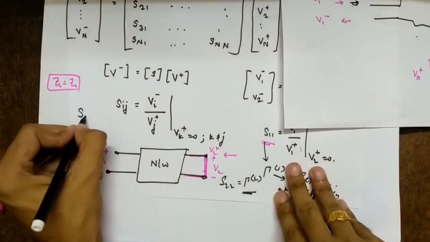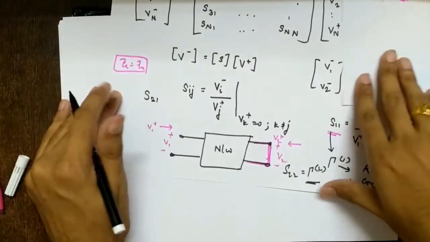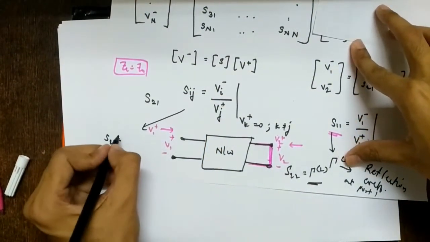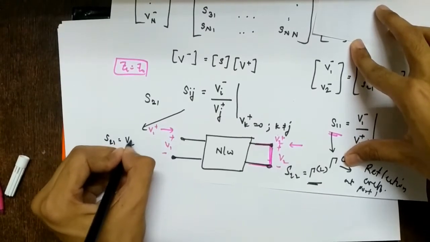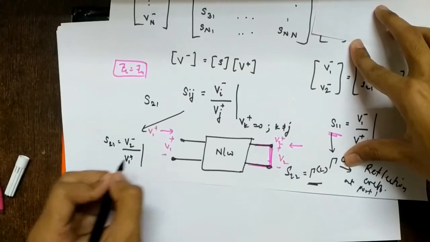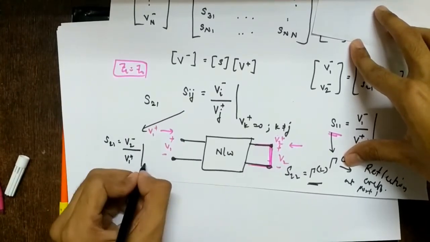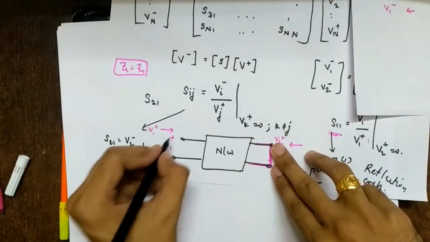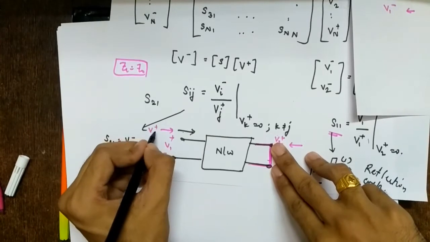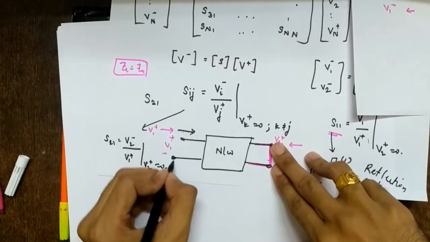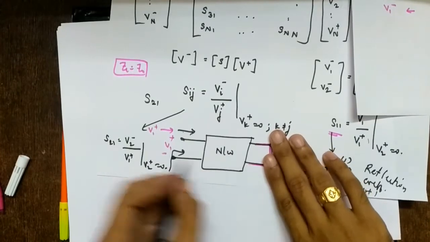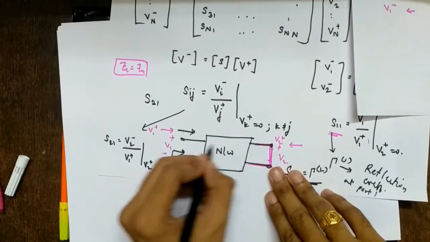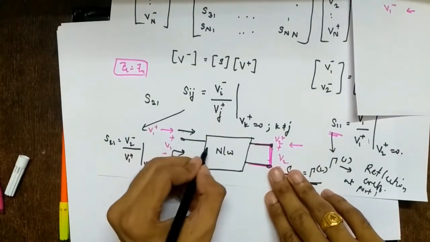If I talk about S21, this is very important now. What will be the definition? S21 will be V2 minus upon V1 plus, with Vk plus equal to 0 for k not equal to 1. So V2 plus is 0, which means you have given input from the left side, V1 plus, the incident voltage, and no input from the other side.